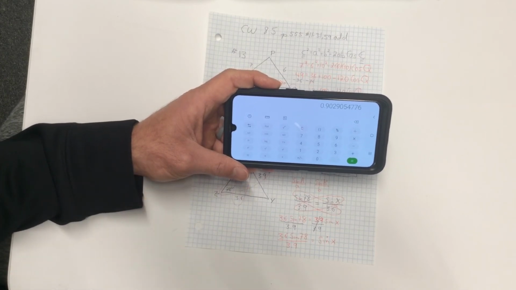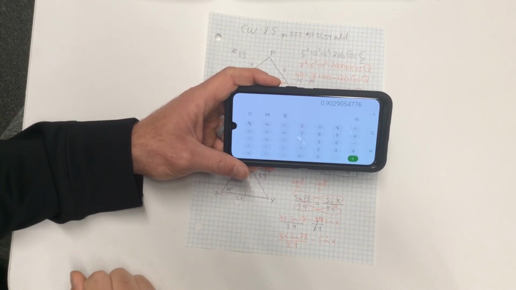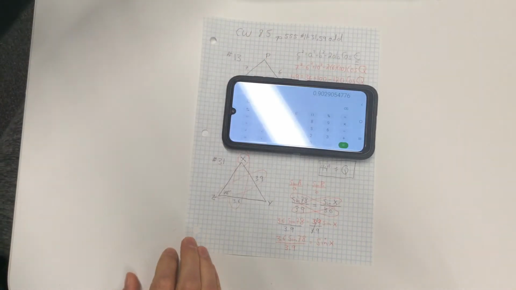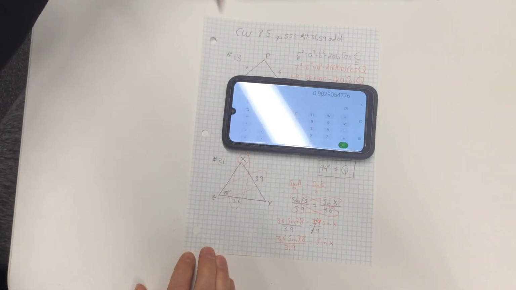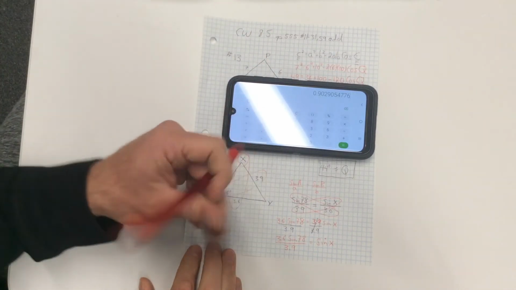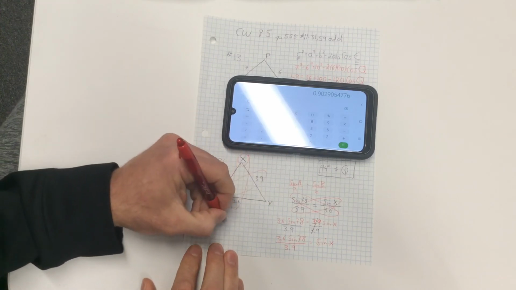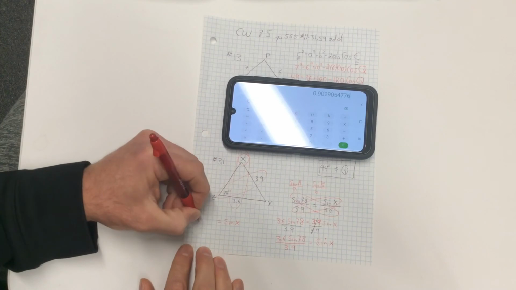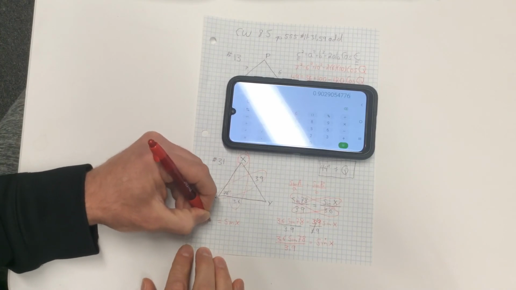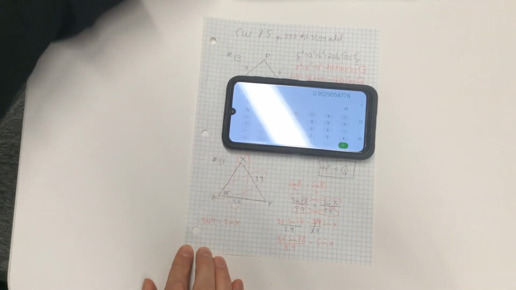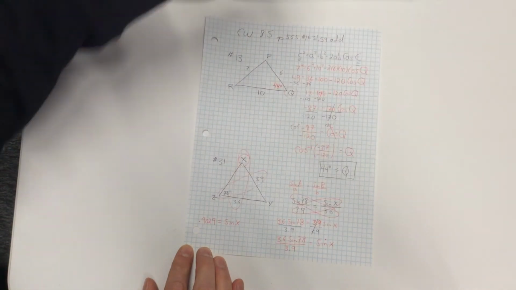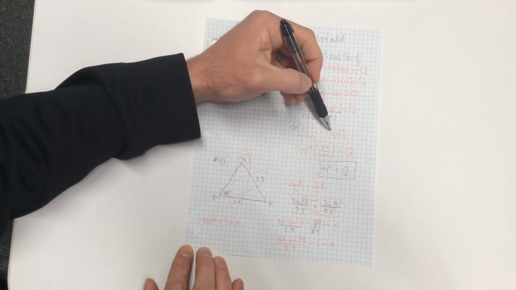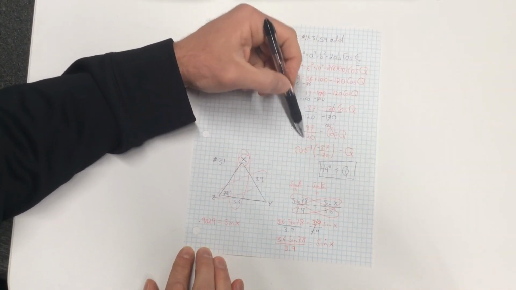So I'm going to take 4 of those digits, or if you have a nicer calculator, you can store this number. But I'm going to say, okay, so the sine of x is equal to 0.9029.